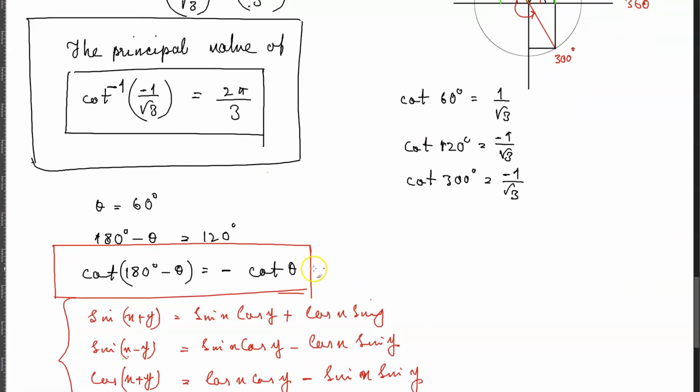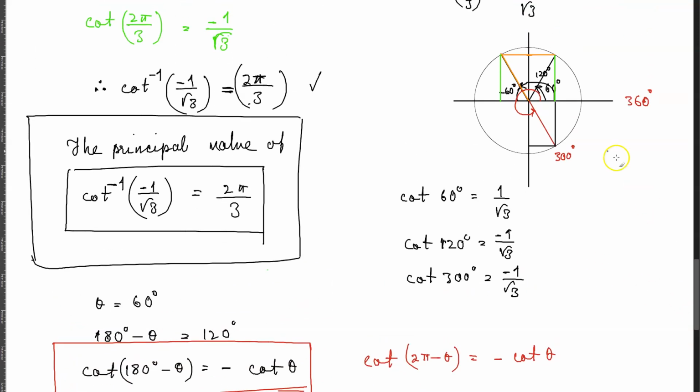So I can also say that the cot of 2 pi minus theta is the same thing as negative cot theta, because cot of theta over here, where theta is 60 degrees, is equal to 1 over square root of 3. And if I want to write this angle 300 degrees in terms of theta, I could write it as 2 pi minus theta, right?